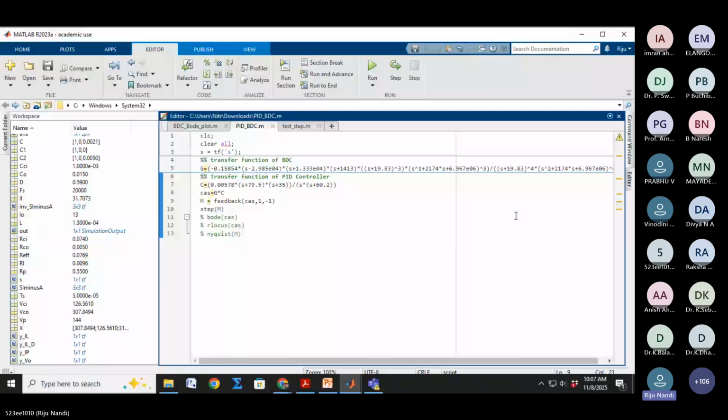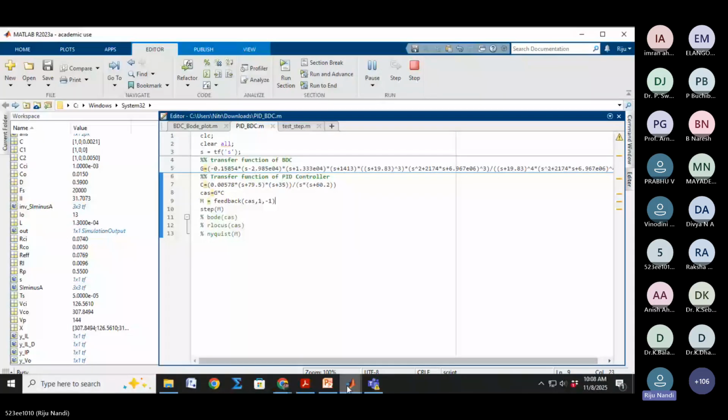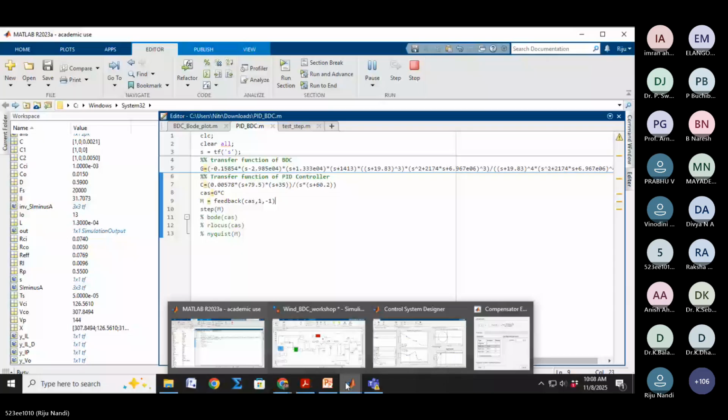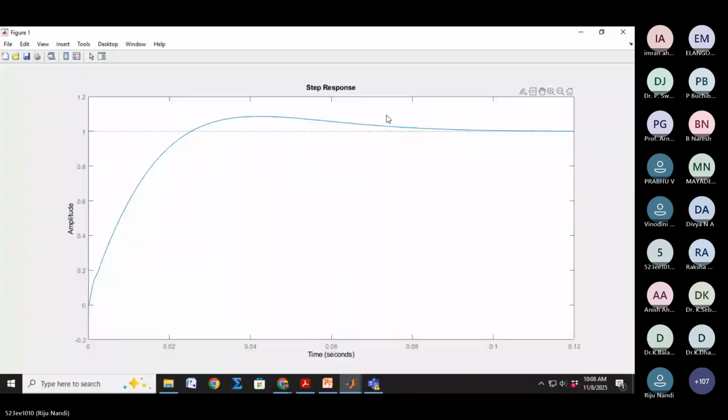After running, we'll get that figure. You can see I have got that response.